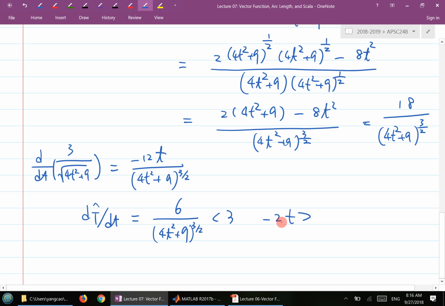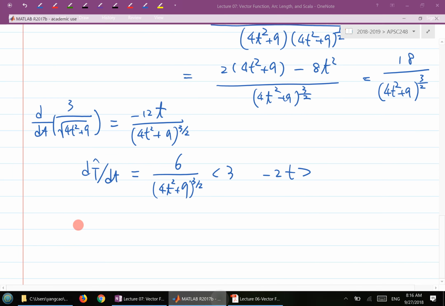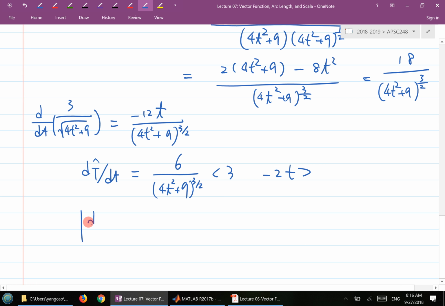The reason I'm doing this is that when I calculate the length of this vector, whenever you have a common factor, this is basically the scale. That scale may remain as a scale for the length.